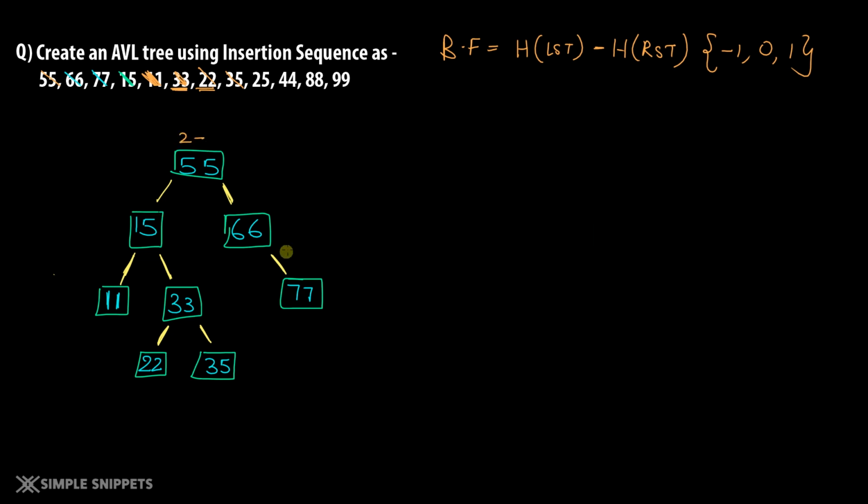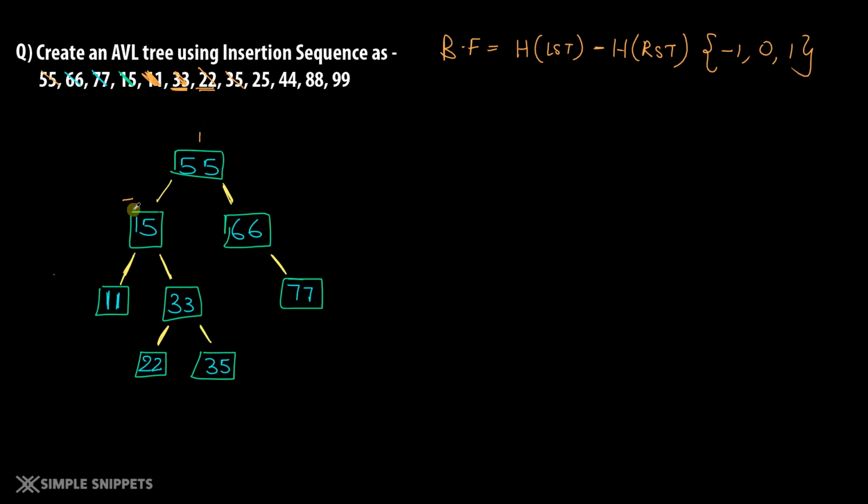So 2 minus the right subtree, which is 1. So yes, it's 1. For 15 the left subtree is 0 minus 1, so it's going to be -1. This is also -1. This is 0, this is 0, this is 0, this is 0 and this is 0. Still balanced, all the values are in acceptable range, which is -1 to 1.